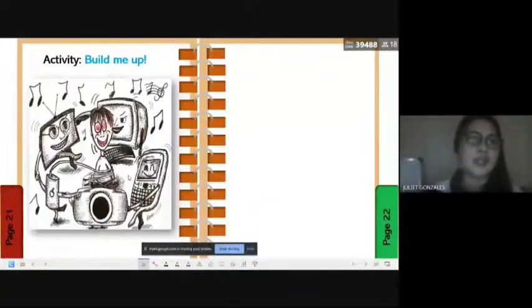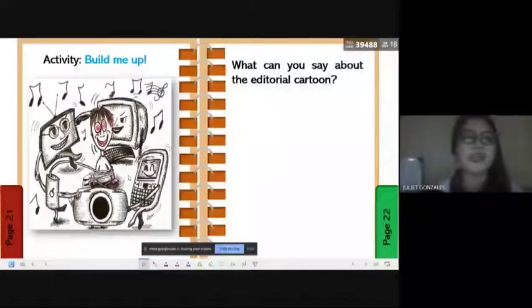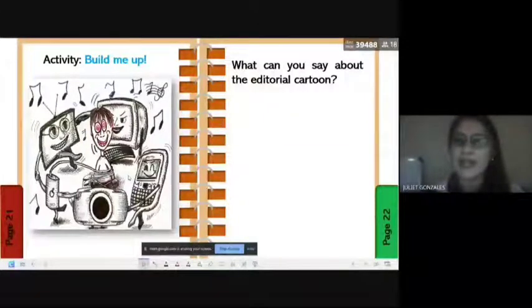The first picture is this. Analyze now what the picture is trying to convey. Okay, first question. What can you say about the editorial cartoon? Do not forget to make use of the expressions used to express opinions, which are called opinion marking signals, when you answer the question.